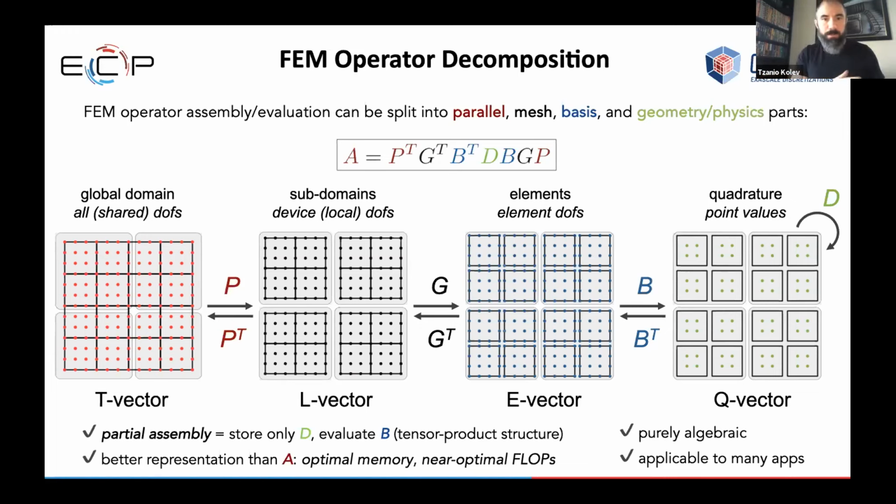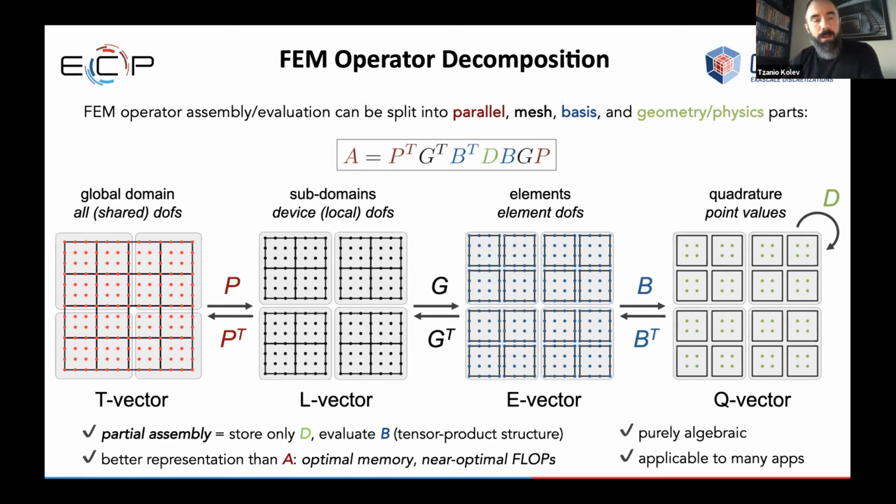It separates the parallel concern, which is entirely in P, from the meshing, the topology, from the basis, and from all the geometry and physics. And from our perspective, the applications really only care about what happens here at the quadrature points. Everything else is accelerated by us and provided by us in the general finite element library level.